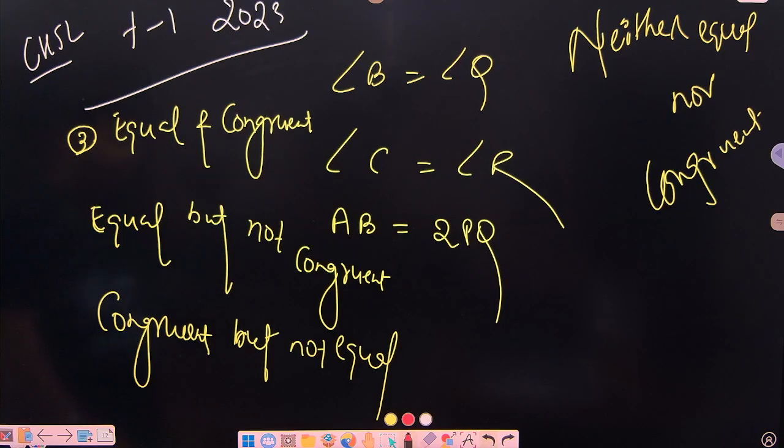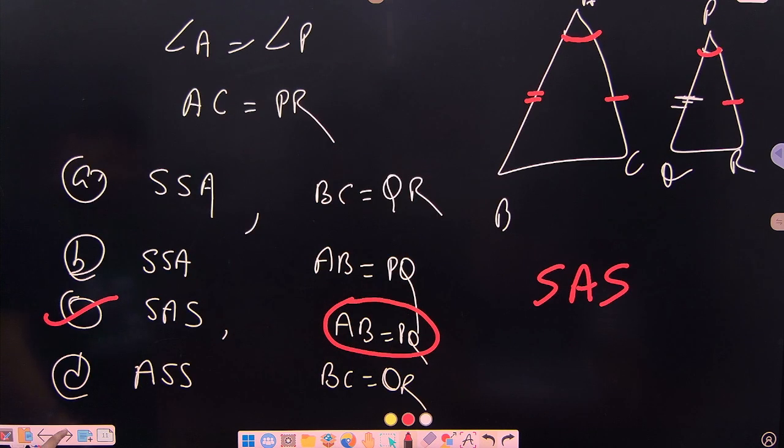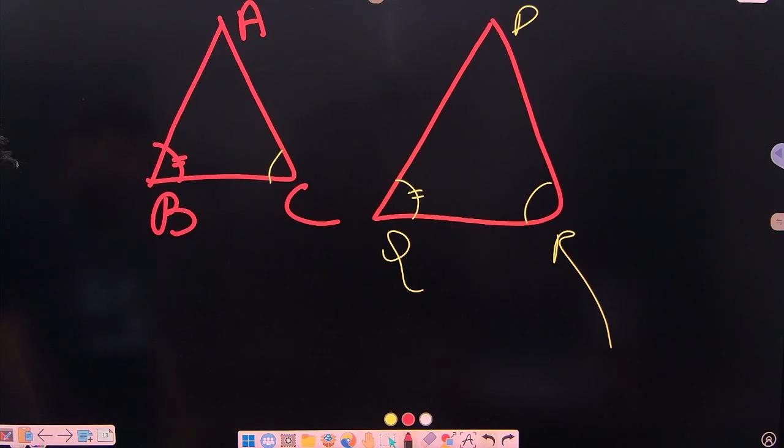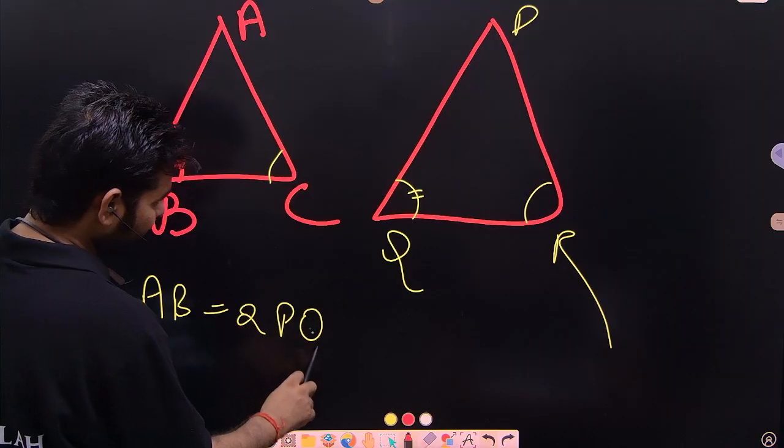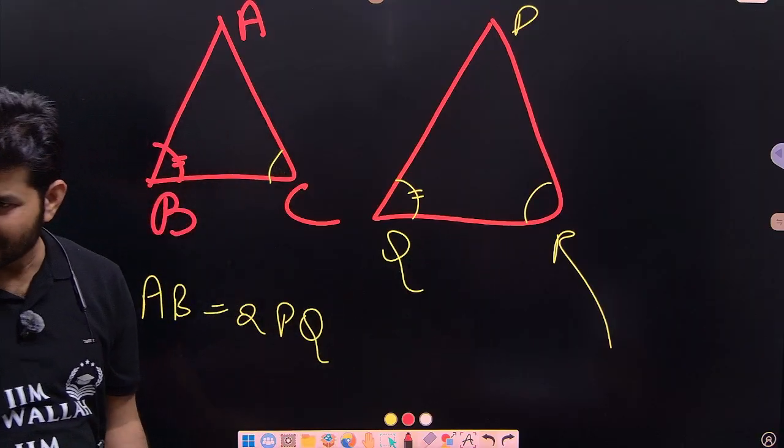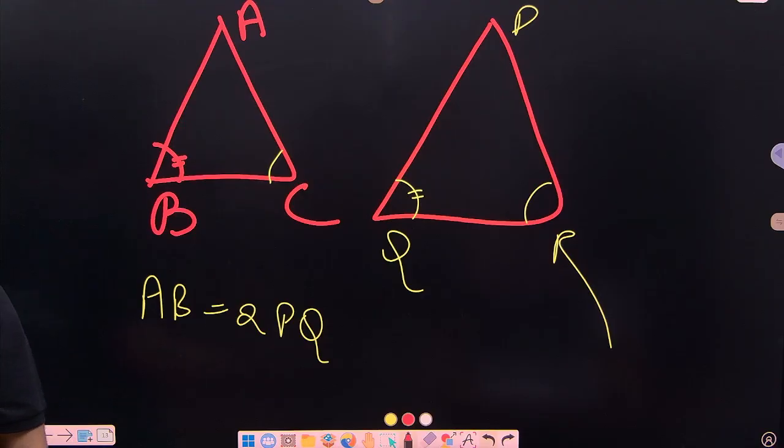We have been given AB equal to twice of PQ. That means 100% they are not congruent.